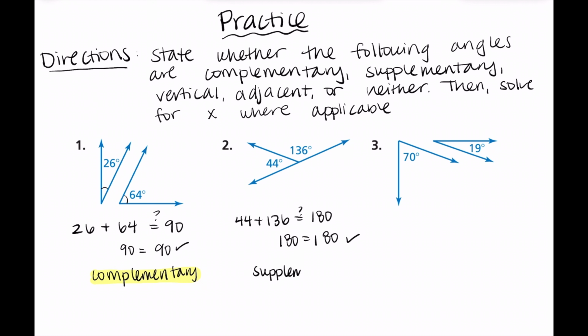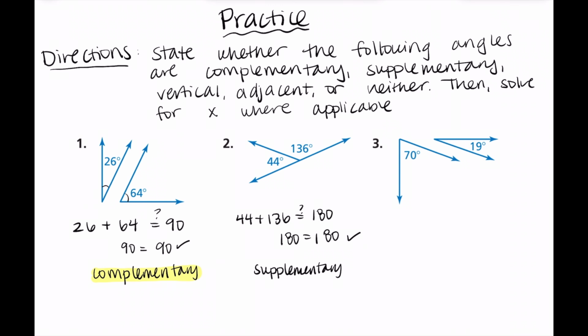So we can classify these two angles as supplementary. We can also classify them as adjacent. Why? Because the 44 and the 136 are next to each other, and it is possible for one angle to have multiple classifications. So number two, our angles are both supplementary and adjacent.